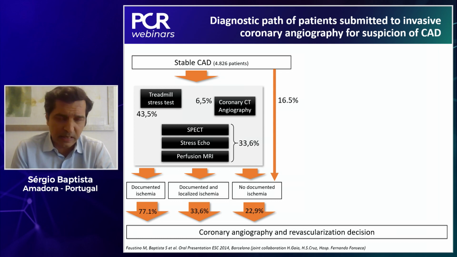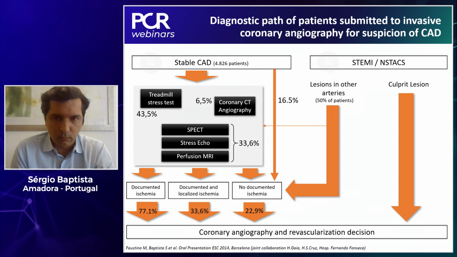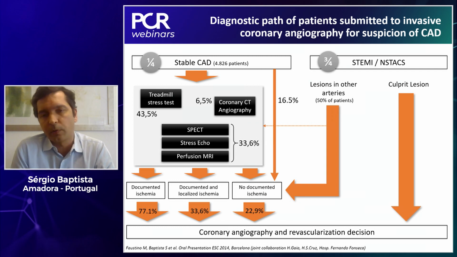And if your cath lab is like mine, well, these are only one quarter of the patients, because the vast majority of the patients we treat are ACS patients. And in those patients, around half will have non-culprit lesions, which you really need to test to know if you need to treat them.